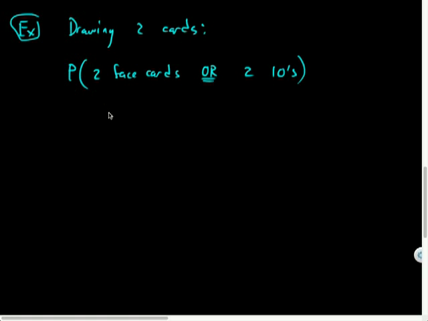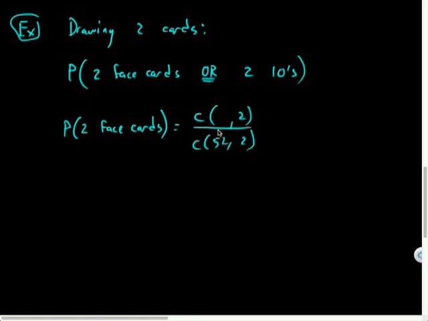So now I can find their independent probabilities, or each probability individually, using the word independent there a little loosely. So probability of two face cards I'll find. So that would be a combo of how many face cards are there? Yeah, I think there's 3 face cards per suit, 4 suits, 3 times 4 is 12, yep.